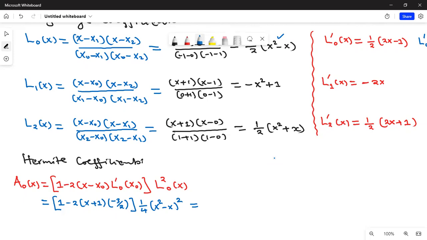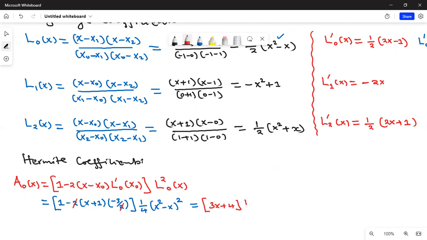The first bracket will give us, because you can see here, 2 and 2 will cancel, and even the negative will cancel, that I have 3 into (x plus 1), then plus another 1. That will be 3x plus 3 plus 1, which is 3x plus 4.